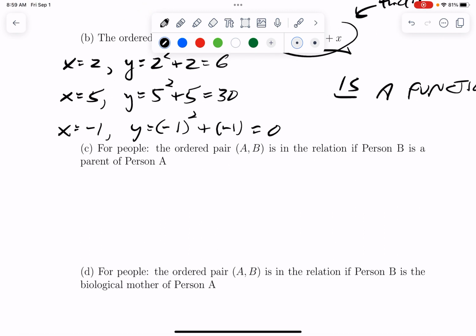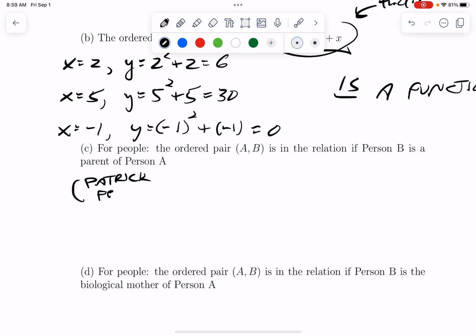For people, the ordered pair A comma B is in the relation if person B is a parent of person A. So be careful. This is the reverse of what I gave before. Here, B is the parent of A. So if I start with a certain A, again I'll just use my example.